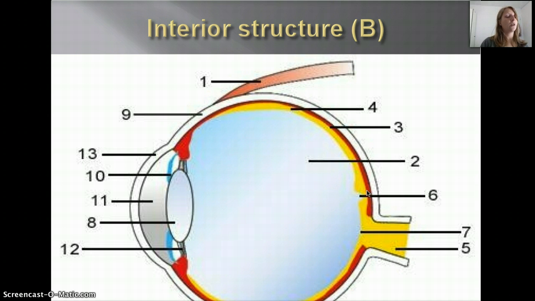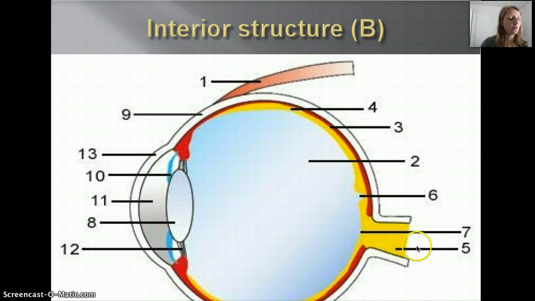If we look on another side of the eye, we see the eye muscle here and here, but also the vitreous body. This acts as a dark chamber. The choroid gives nutrition and oxygen to the retina, and the retina detects the light.